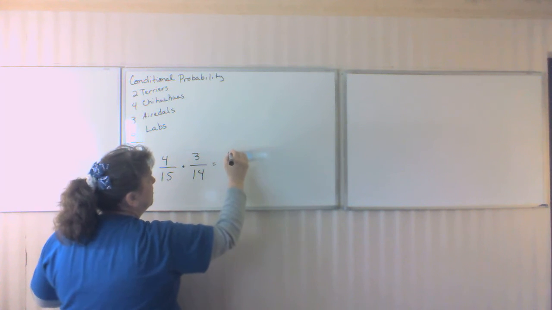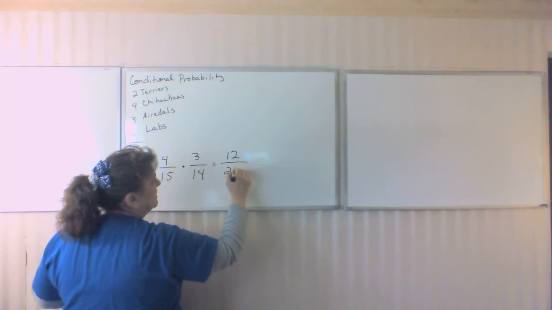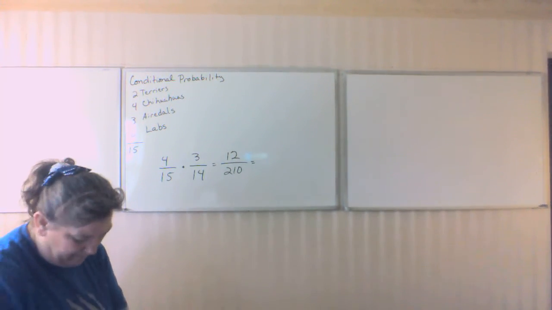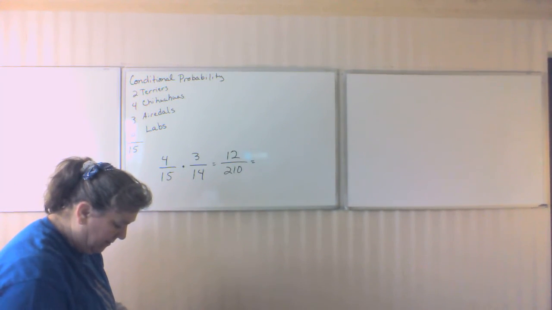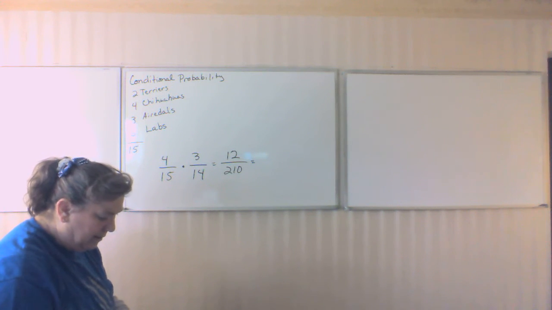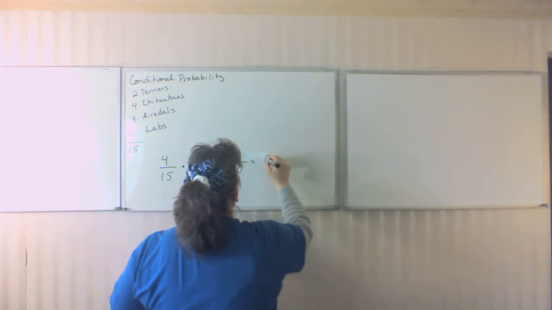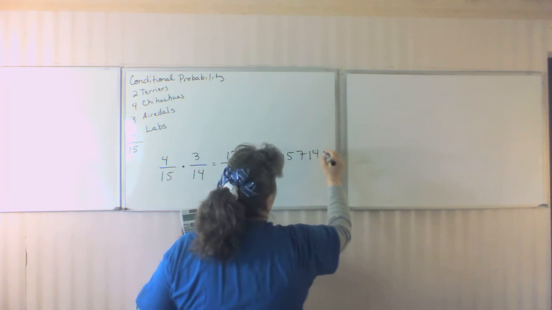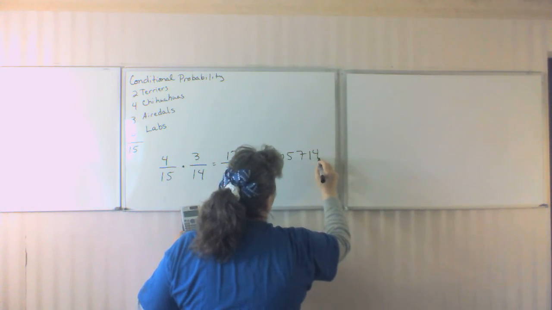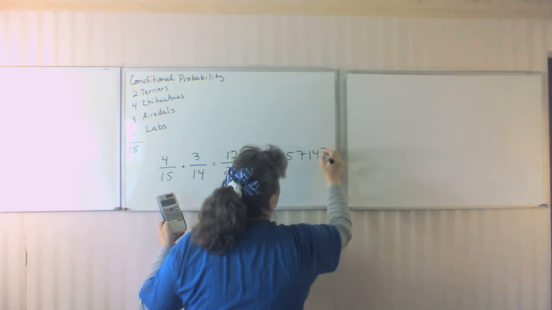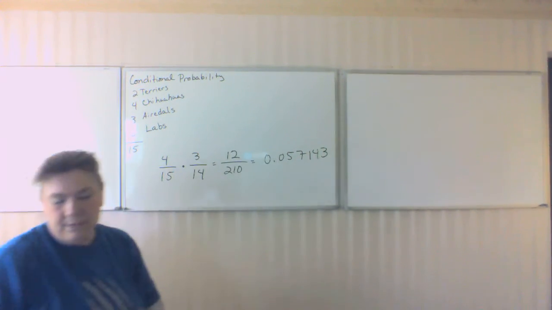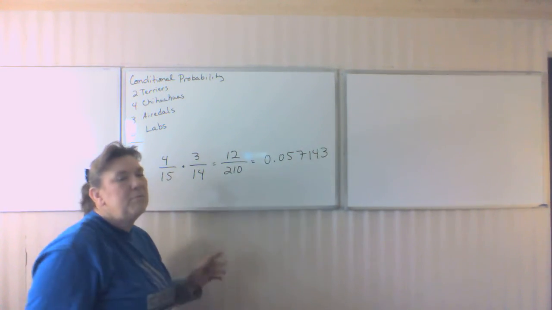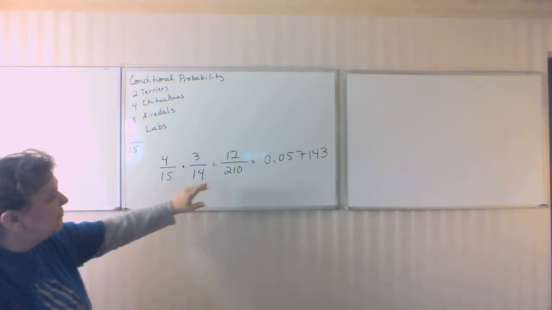So this would be 12 over 210, which is going to equal 0.057143. Round it up. So be careful. So he has about a 5, almost 6% chance of that happening.